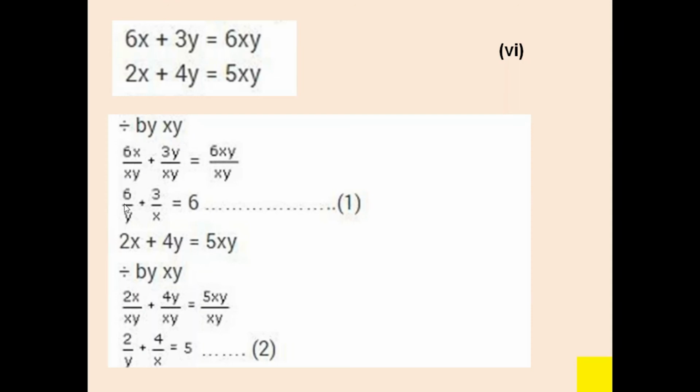This becomes 6 upon y, and y will cancel here. This becomes 3 upon x. xy both get cancelled, so it becomes 6. Similarly, in the second equation, 2x by xy, x and x cancel, it becomes 2 upon y, and y cancels, it becomes 4 upon x, xy cancels, it becomes 5.